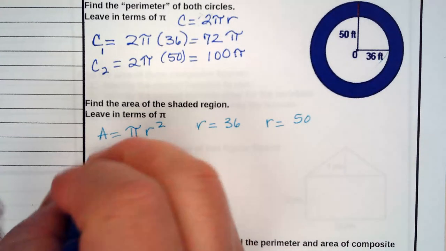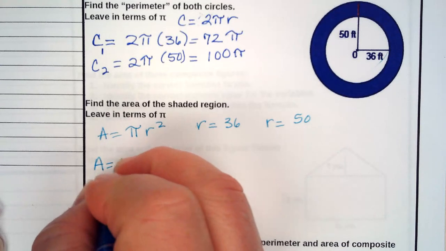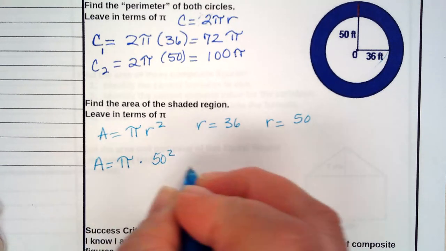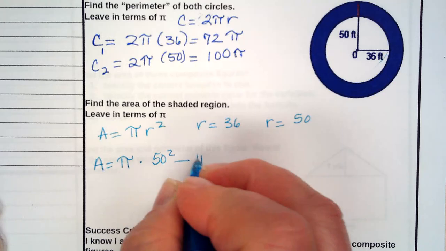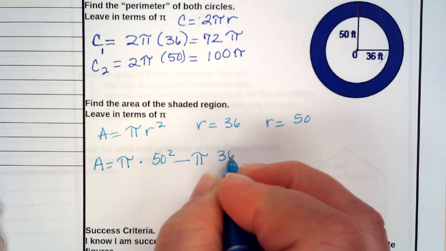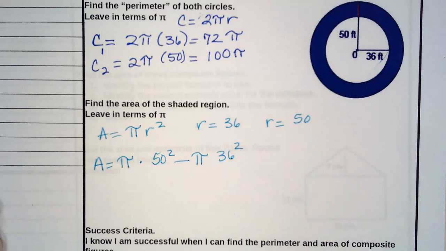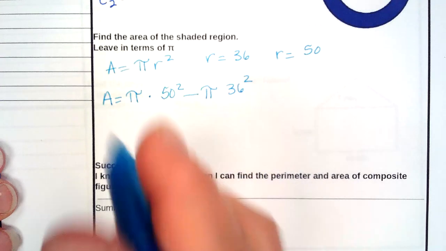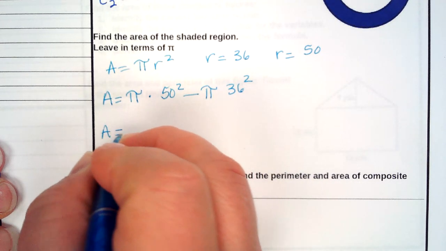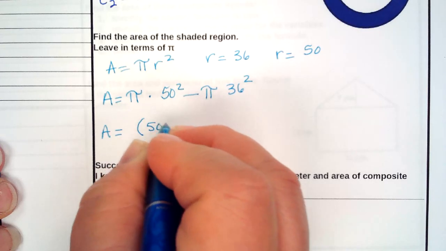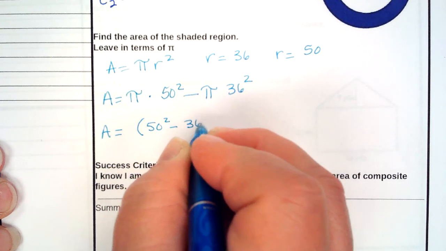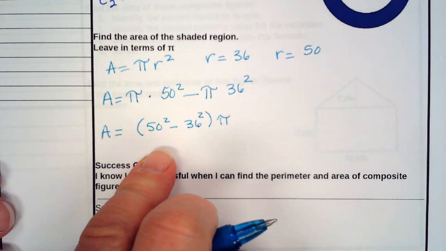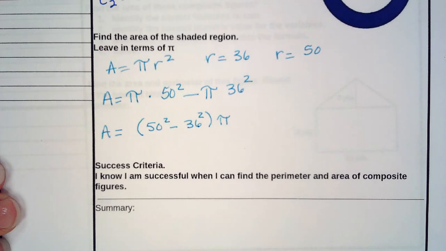So for the larger circle, pi times 50 squared minus pi times 36 squared. What we need to look at is 50 squared minus 36 squared, and that is followed by pi. The numbers are what you're going to put in the calculator and leave it in terms of pi.